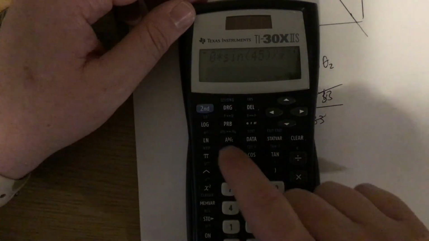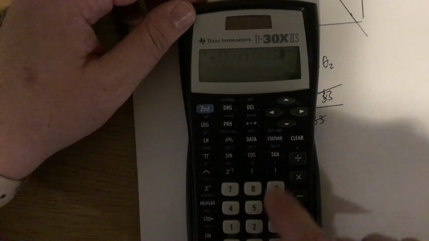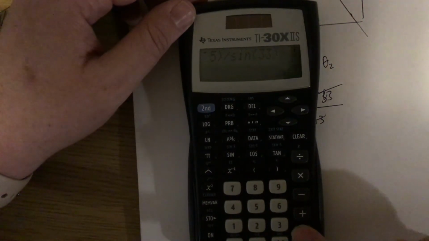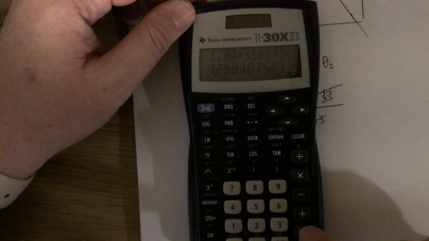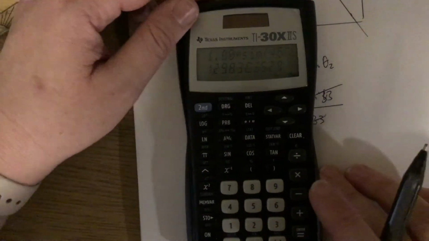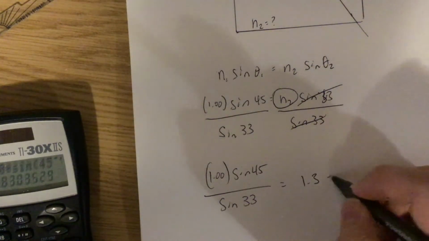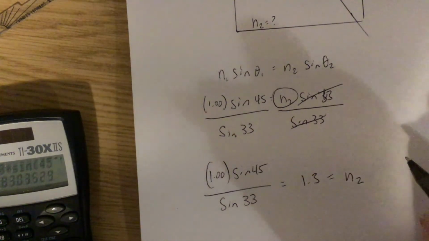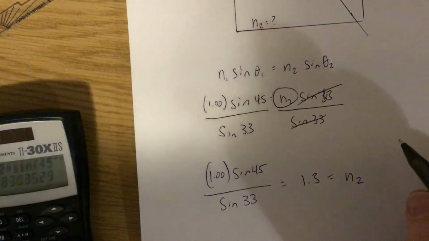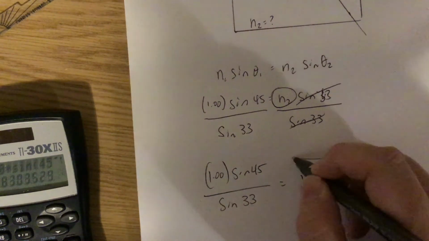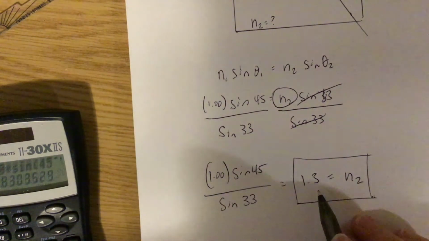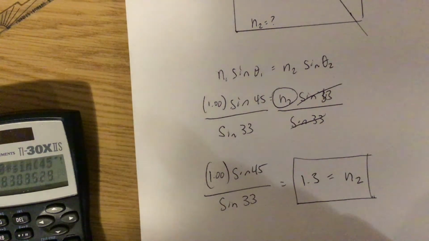Divided by the sine of 33. It didn't do it the first time. And when I do that, I end up with 1.298. We'll just say 1.3 will be our answer, equals n2. And n values don't have any units with them. They're just a number. So by doing that, we have 1.3 equals our n2.